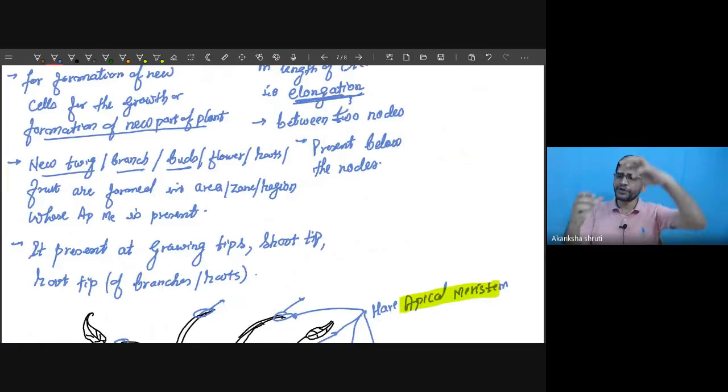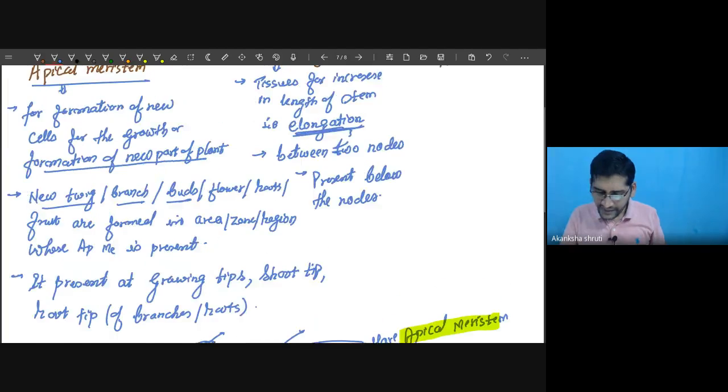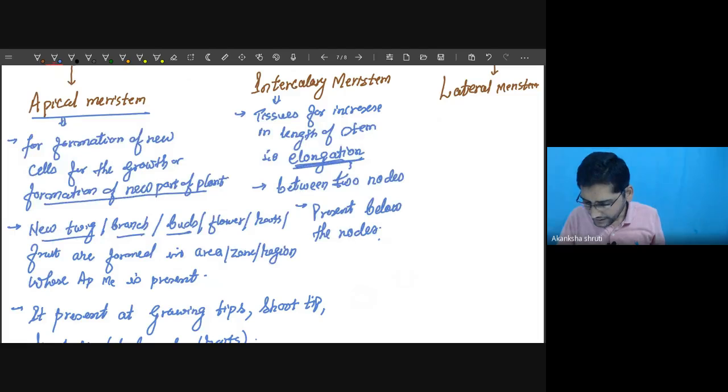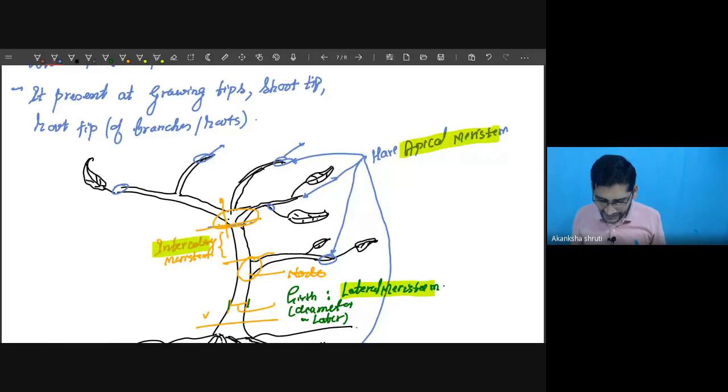In a newly born bamboo tree the nodes are quite close, say from here to here, but after a few days it gets elongated. That is because of the intercalary, which is present just below the nodes and also above the nodes. So if you observe carefully, where is this intercalary present? At these points, students. These are the regions of intercalary.